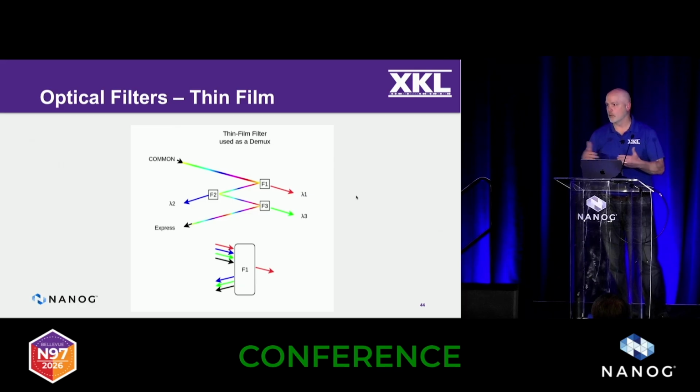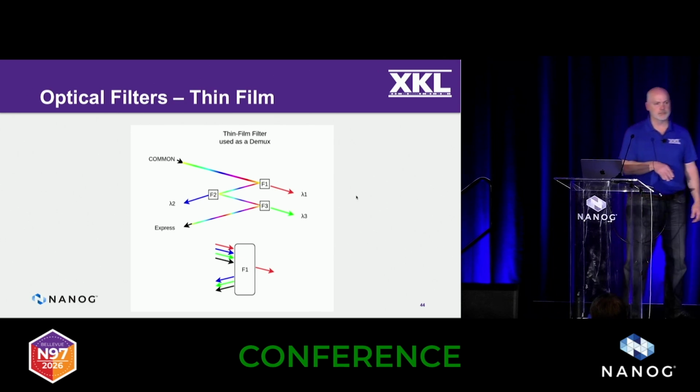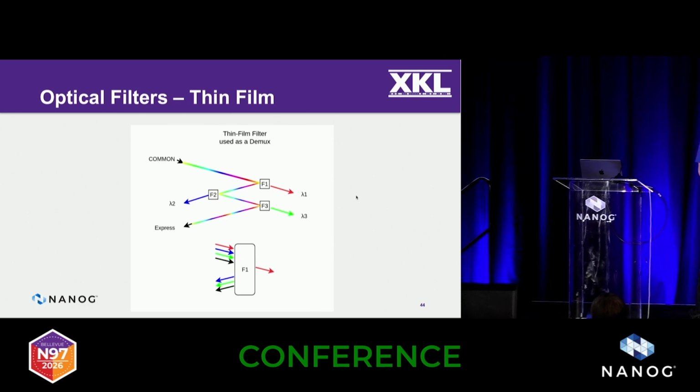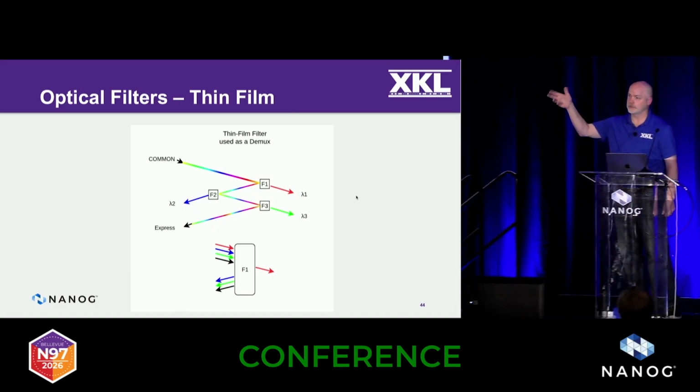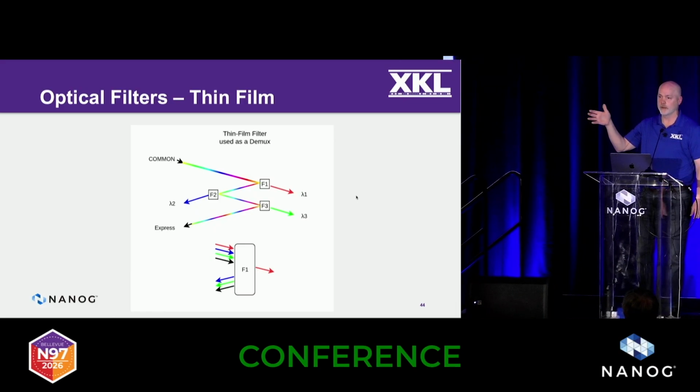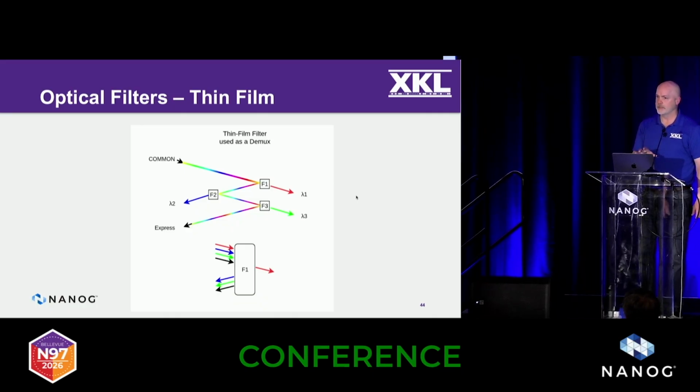When you start getting to more channels, this cascading effect becomes more problematic because you get a little bit of loss each time you hit these filters, so it doesn't scale well unless it's done well. Come by the Xscale table afterwards, I can show you how it's done well. But this is a very common technology, and it's been around for a long time.